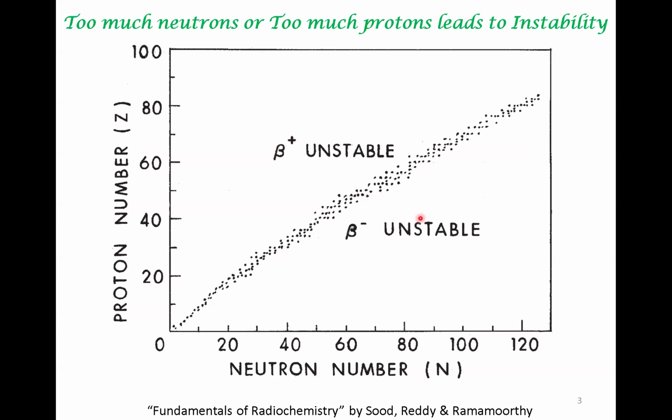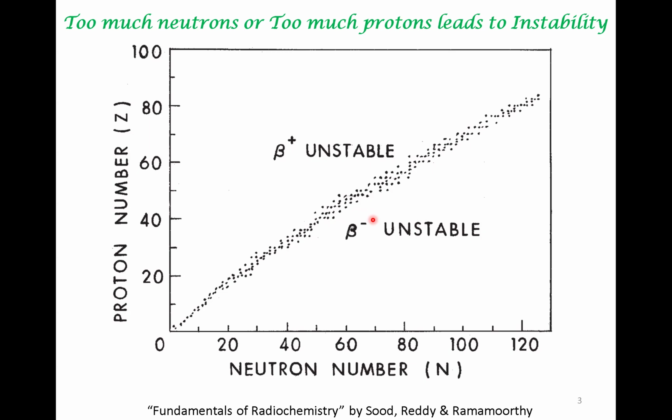On the other side, that is, you are on this side, that means you have more number of neutrons. And we had already mentioned that a neutron per se has more mass compared to that of a proton.